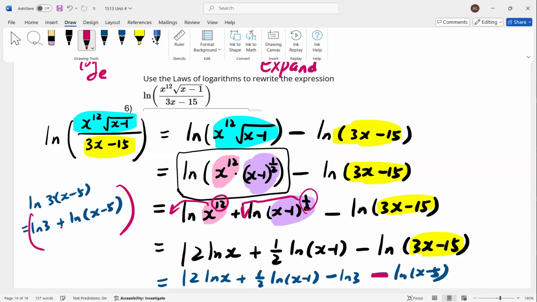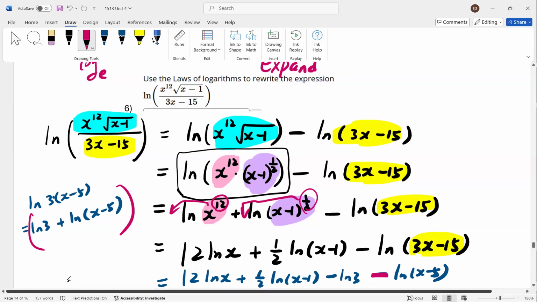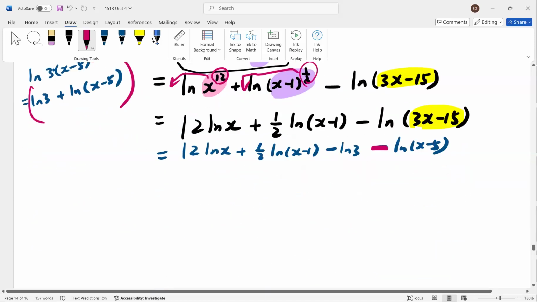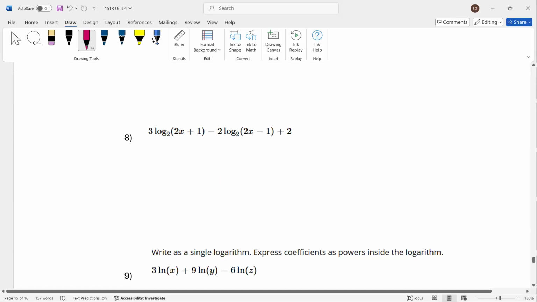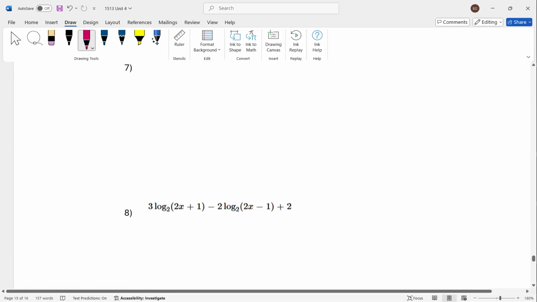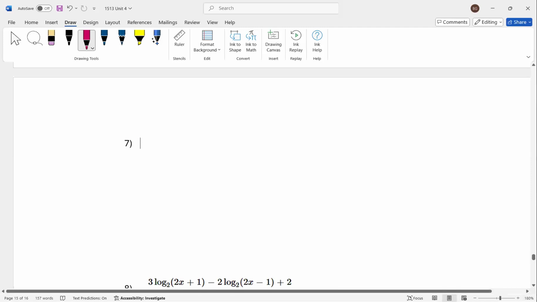All right. And this definitely is very thorough. There's nothing we can do further. Okay, so this is expanding. We did 2 problems about expanding. See, the next problem is condensing. Next one is condensing.